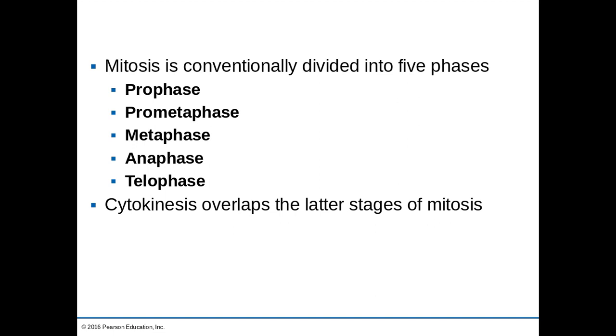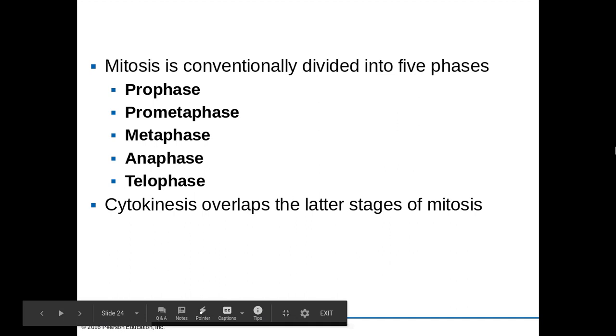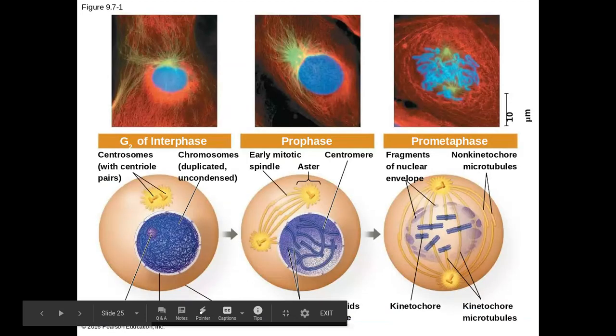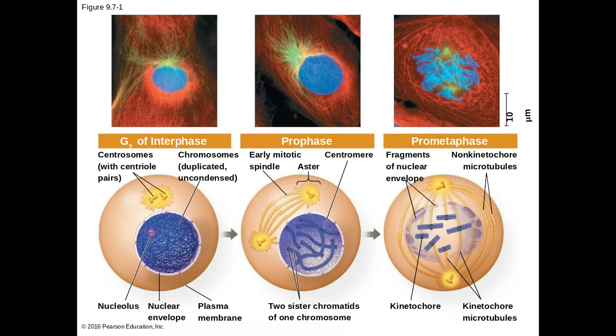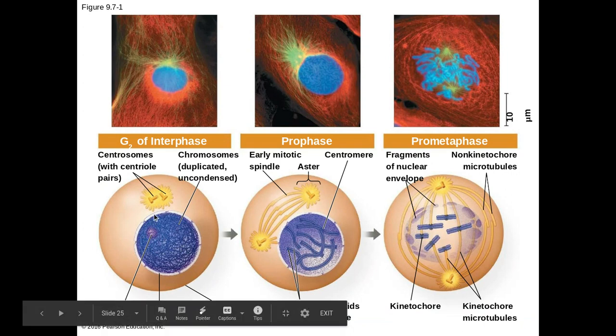Mitosis we divide into 5 phases: prophase, prometaphase, metaphase, anaphase, and telophase. Then towards the end of mitosis, we get cytokinesis. If we start with the cell in G2, so still in interphase, you can see our chromosomes are duplicated, but they're still not condensed.